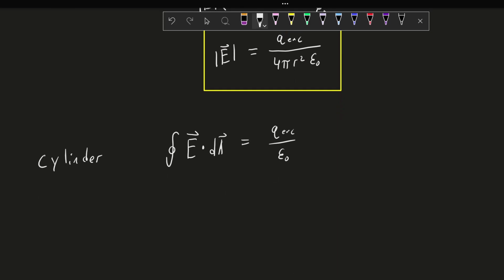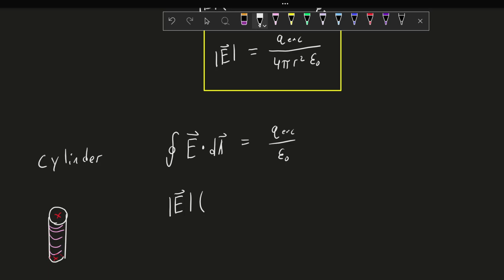Now we say, okay, magnitude of electric field times the surface area of a cylinder. Here's the cylinder. And basically, we're only talking about the lengthwise surface. We are ignoring the faces. So yeah, the faces have surface area, but we are ignoring them.